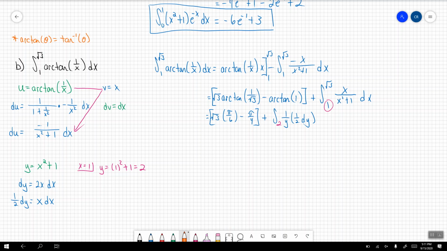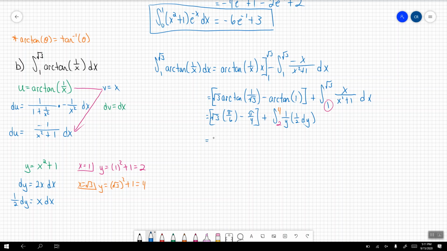Now, upper bound, x is equal to the square root of 3. What happens to my y value if we put square root of 3 into that function? Well, square root of 3 squared is just 3. 3 plus 1 is 4, which means my upper bound is 4. So we fixed our bounds for integration. That way we don't have to go back and resubstitute.